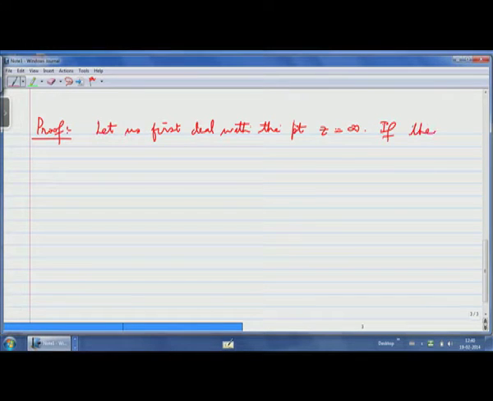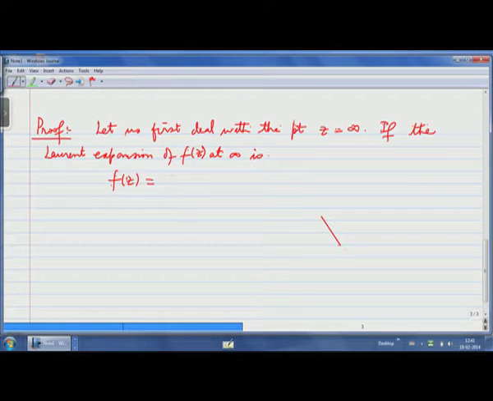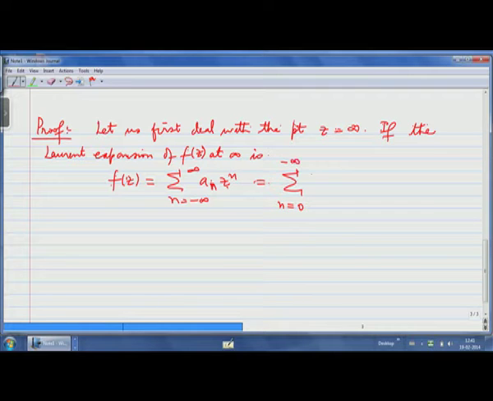If the Laurent expansion of f of z at infinity is f of z equal to sigma n equal to minus infinity to infinity a n z power n, that is, let me write it like this: sigma n equal to 0 to minus infinity a n z power n plus sigma n equal to 1 to infinity a n z power n.